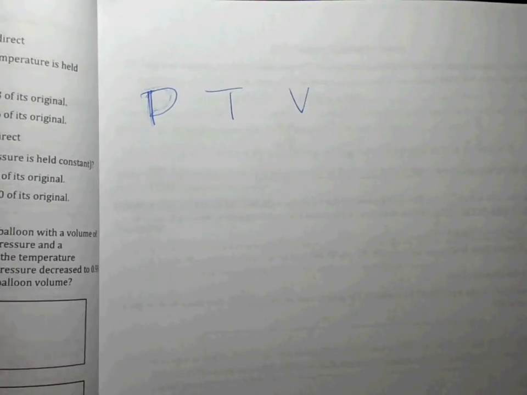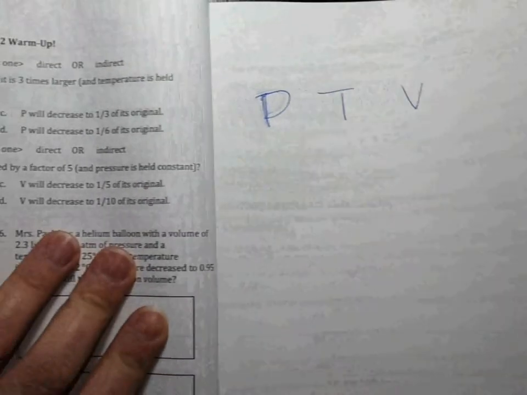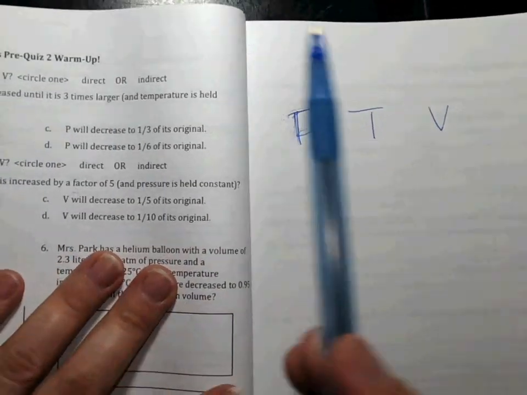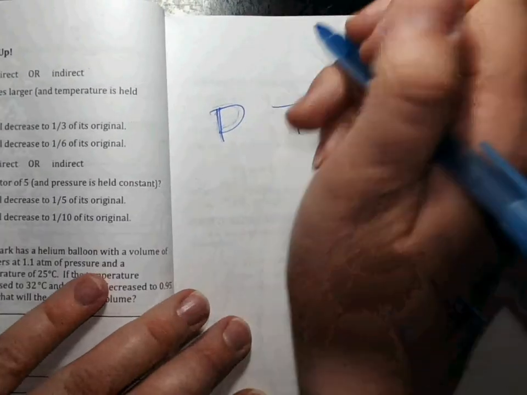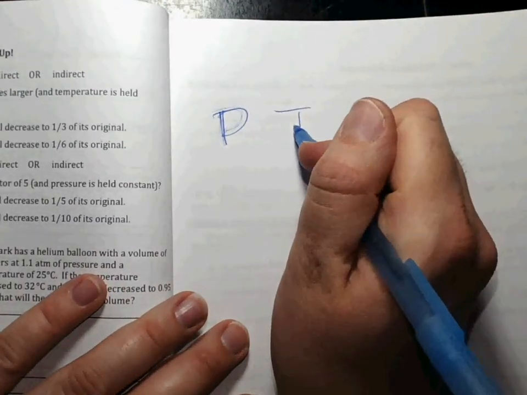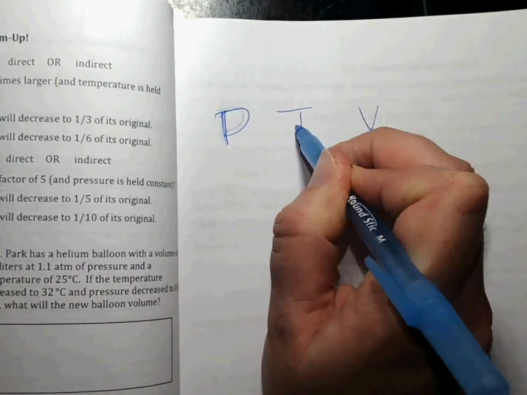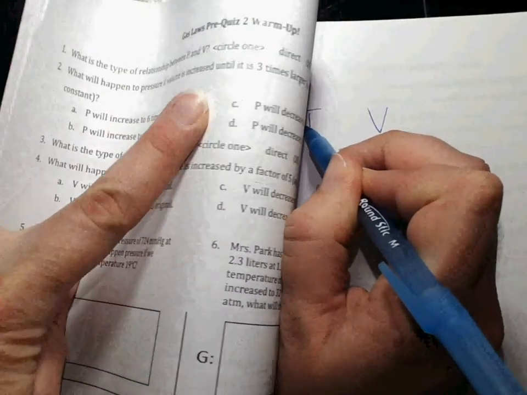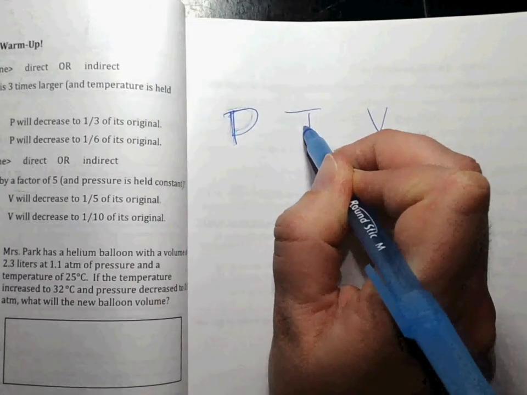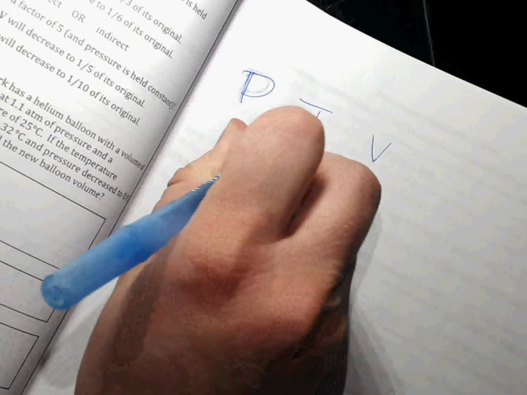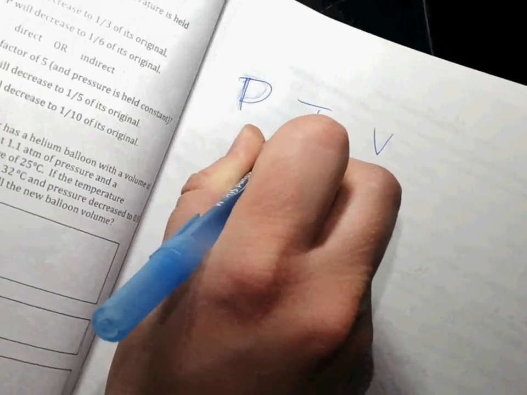And if you want to compare 2 of those variables, like number 1 asks us to compare P and V, then whatever the third one is, we're going to hold that still with our pen. And then we can see what happens to one when we change the other. So I hold temperature still, because number 1 only wants to know about pressure and volume. When pressure goes up, volume goes down.